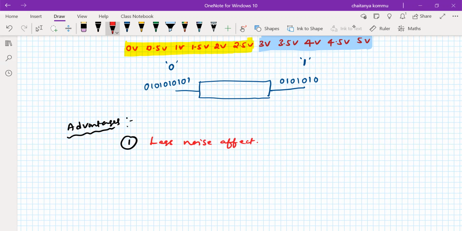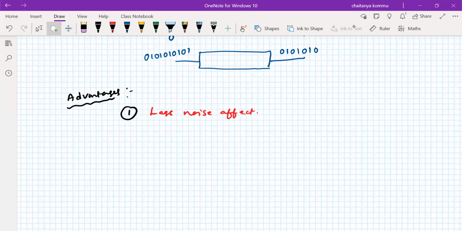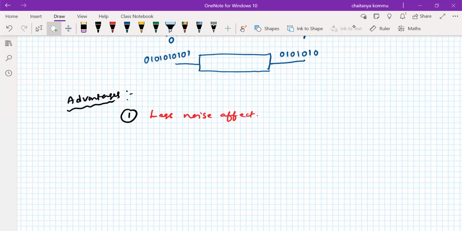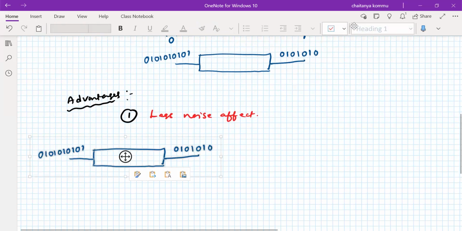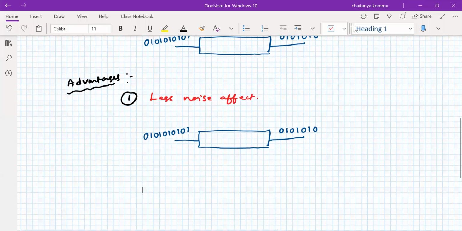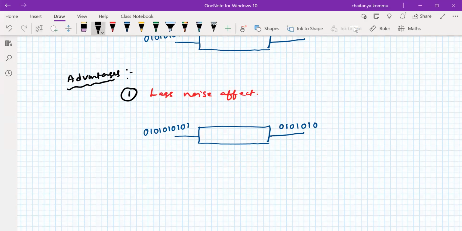Suppose an input signal comes from some other circuitry, or the signal may fluctuate because of some unwanted voltage fluctuations, for example. If noise is present, say I want to apply logic zero, especially the physical value, for example 0.5 volts.